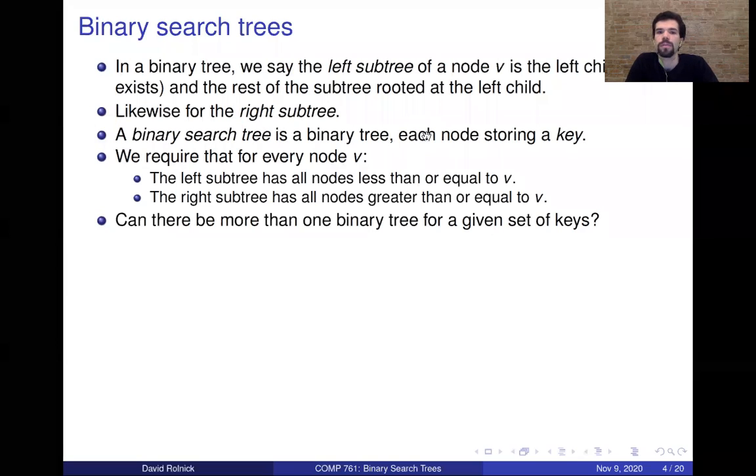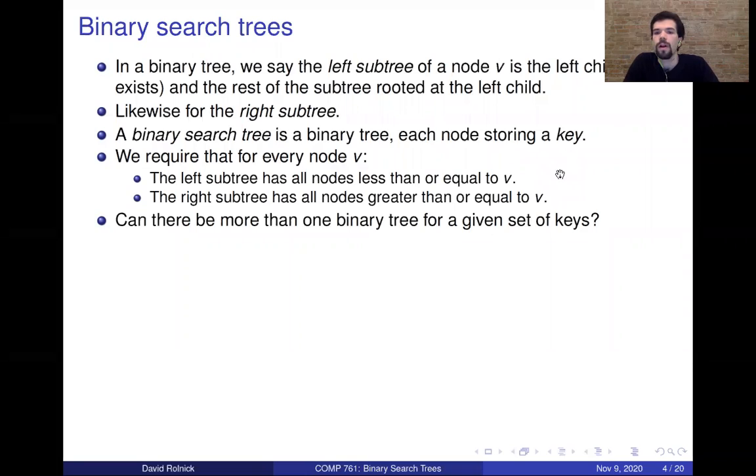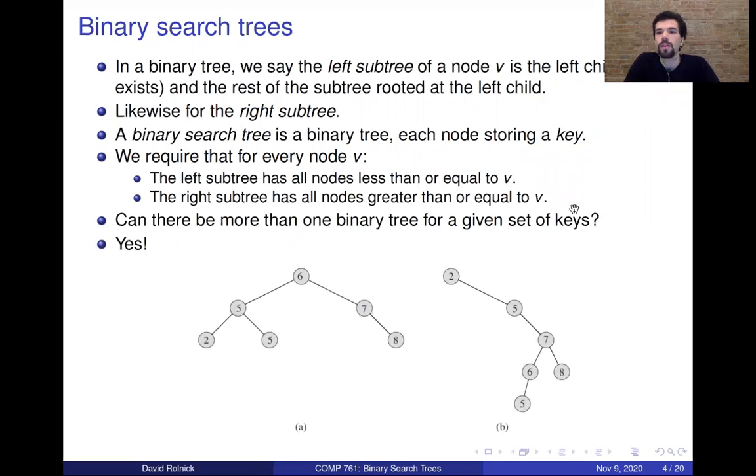Are binary search trees only defined for integers? For integer keys, no. The keys could be anything. Yes, there could be more than one. There could be a lot of different ones. So here's an example.